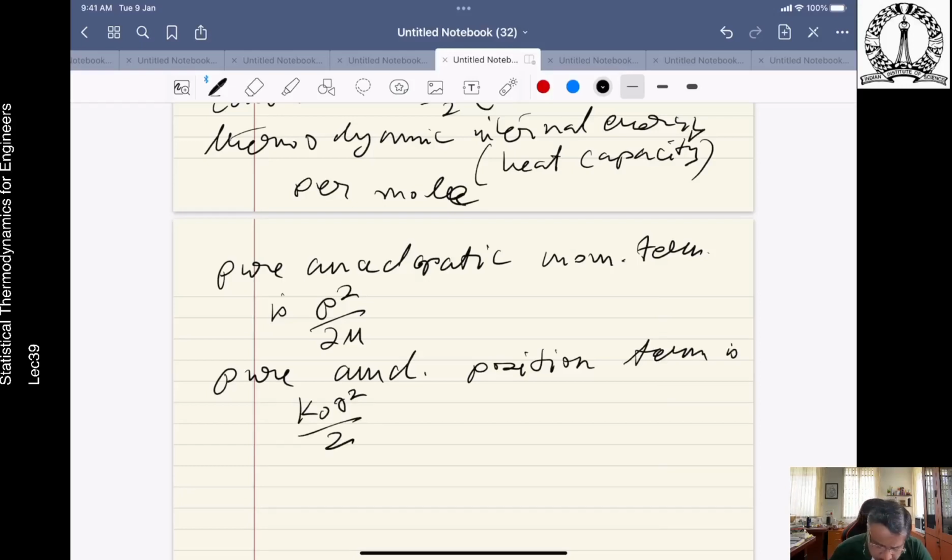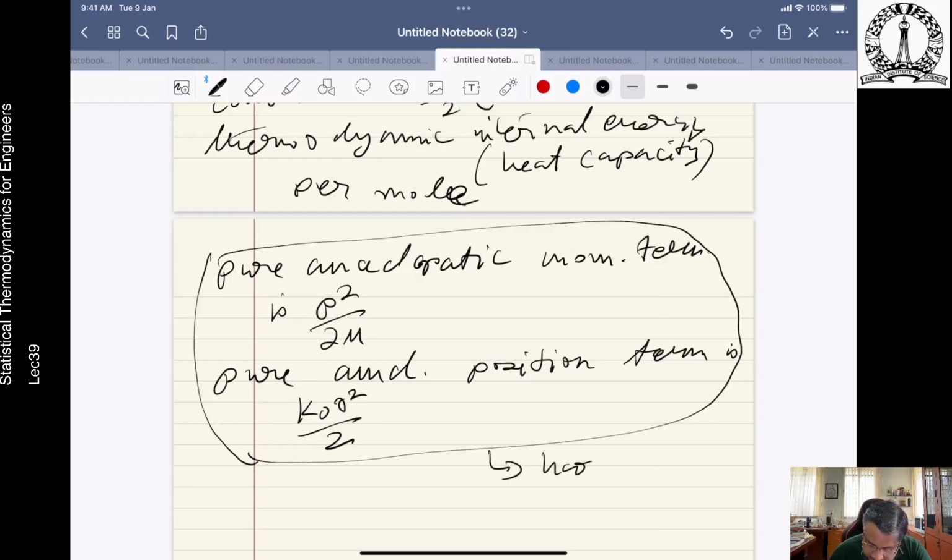This is all making use of the harmonic oscillator, to prove this principle. That is what we have done.